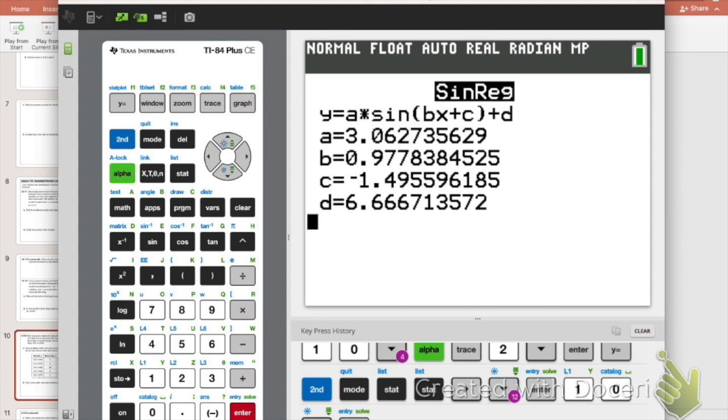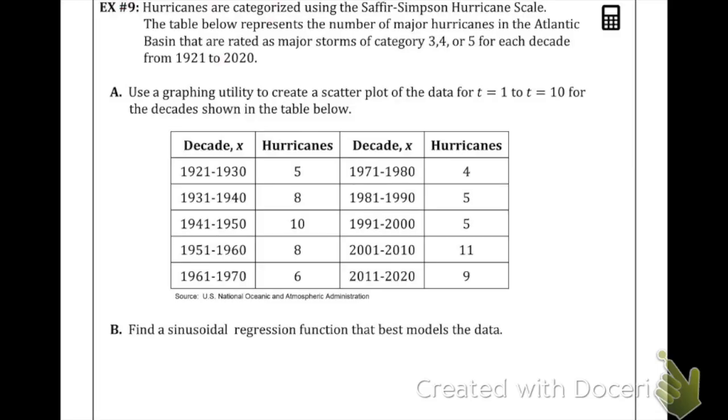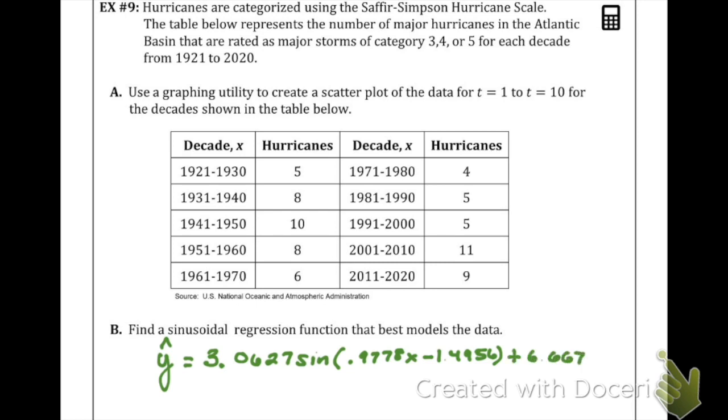So let's go ahead and get that written down. All right, so predicted y, remember we do that for regressions, is equal to 3.0627 sine of 0.9778x minus 1.4956 plus 6.667.